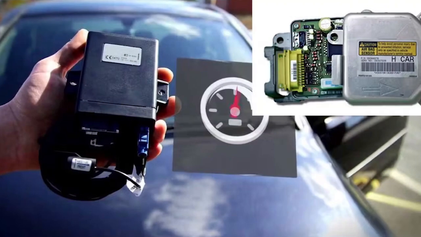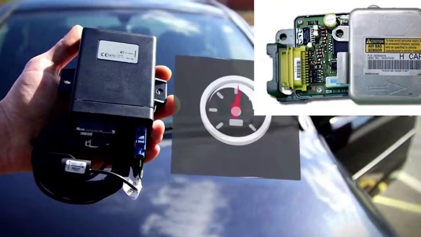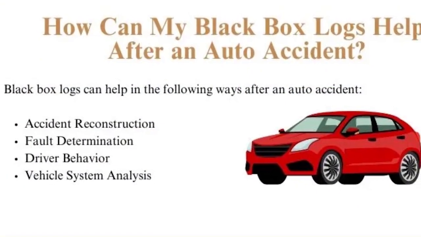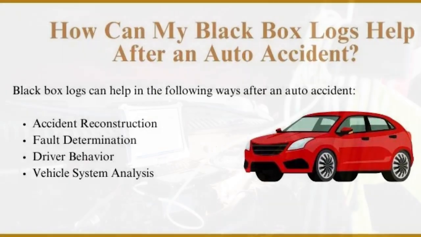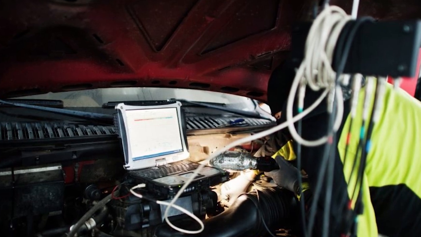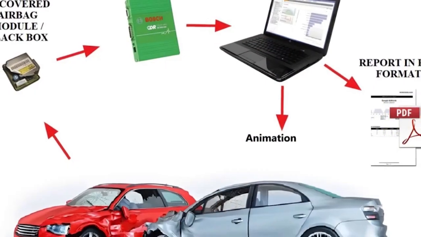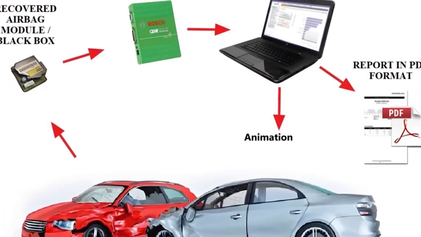If you drive a modern vehicle, chances are you already have a black box on board, quietly recording information you might never think about until you need it most. So the next time you hear about car accident cases in the news, remember that behind the scenes, black box data may be telling the real story.